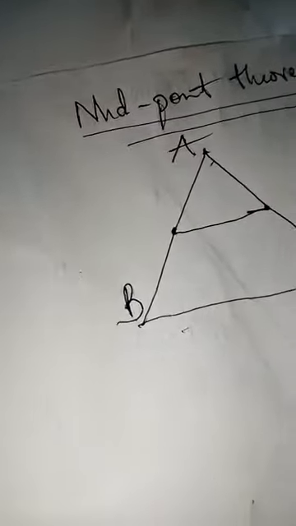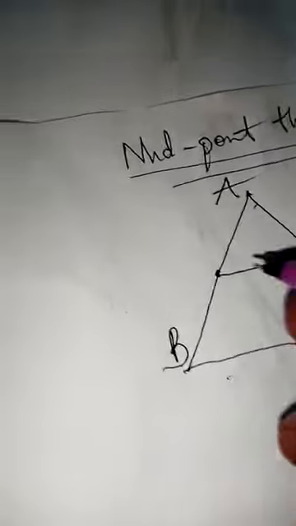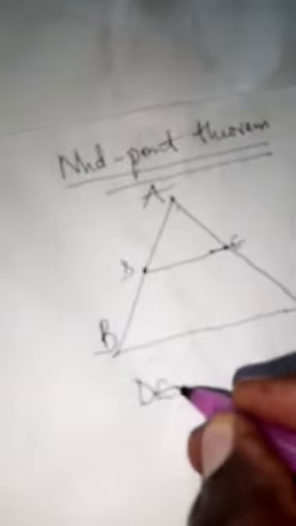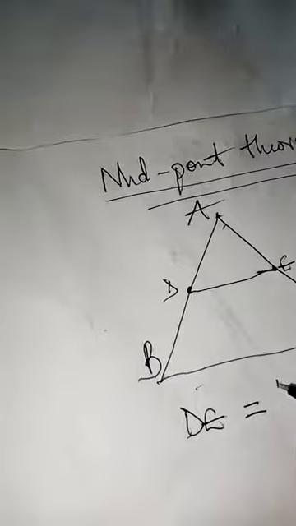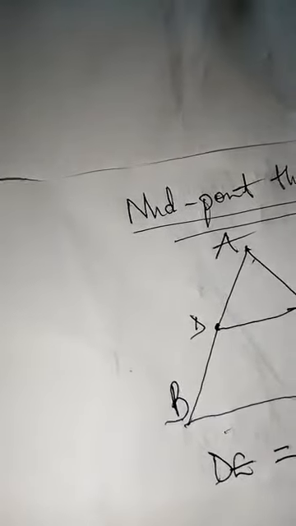If this is the midpoint of A and B, and this point is the midpoint of A and C, the line joining the two midpoints is half of this BC. Let me call this place D and E. That is, DE is equal to half BC.